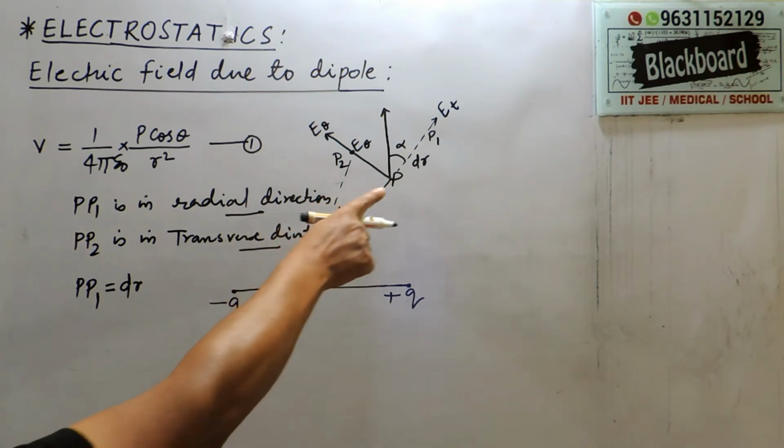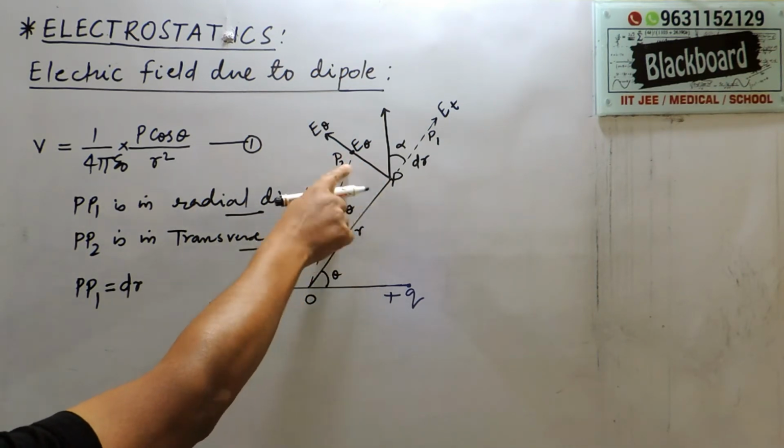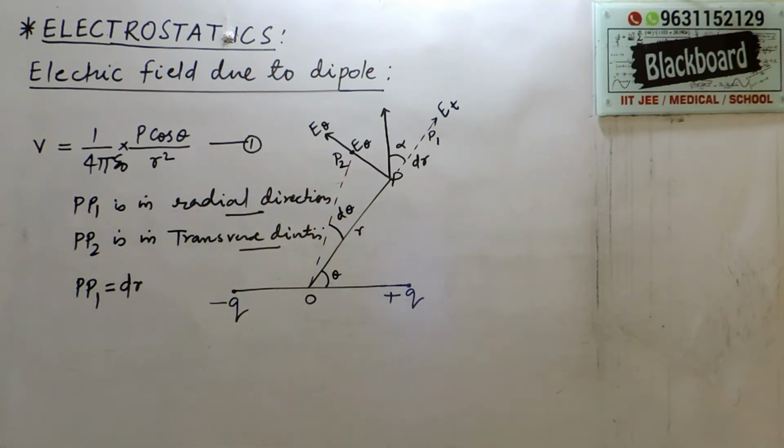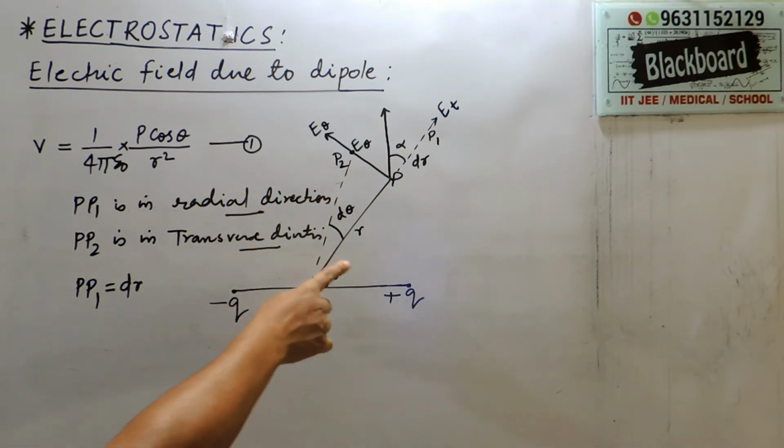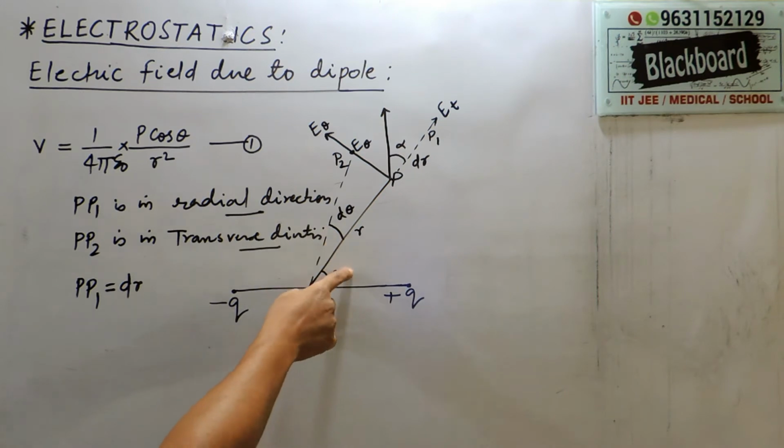In going from P to P2, see the figure, the angle theta changes from theta to theta plus d theta, while the distance r remains almost constant.